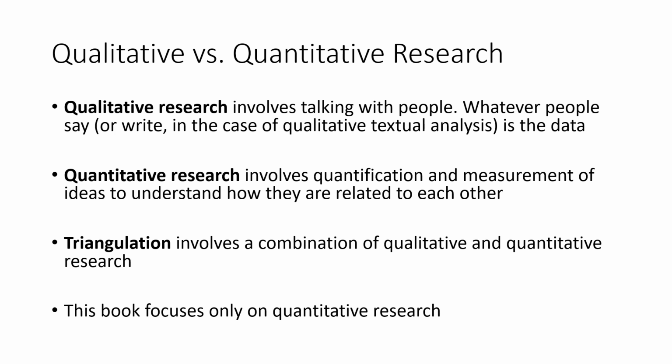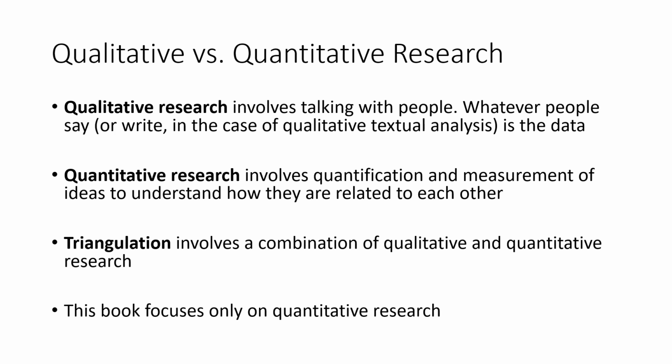Qualitative research involves sitting down and talking with people. So the researcher sits down with a participant, a respondent, and the researcher conducts an interview asking a series of questions and eliciting a series of responses to those questions.